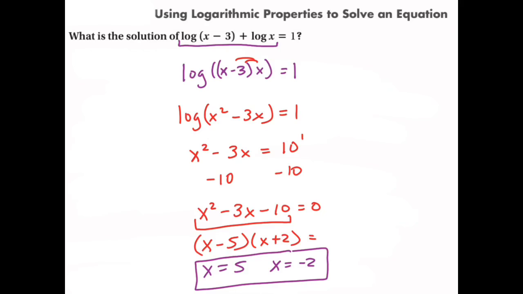Because we have these two solutions, we're going to check for extraneous solutions in this case. So we're going to plug these back in and see which ones work. All right, so let's just start with x equals 5. So that means we've got log of 5 minus 3 plus the log of 5 should equal 1.